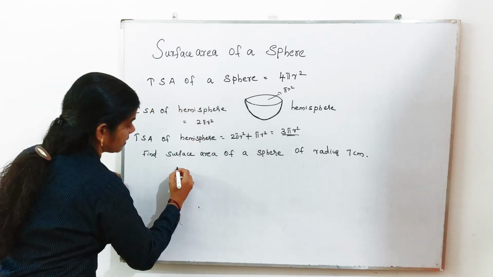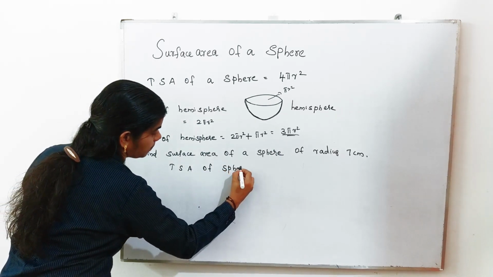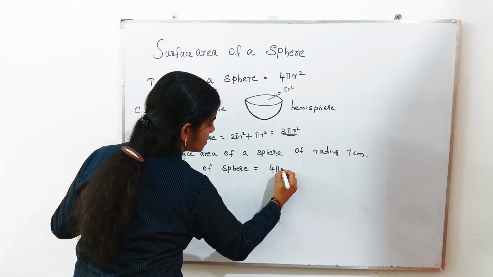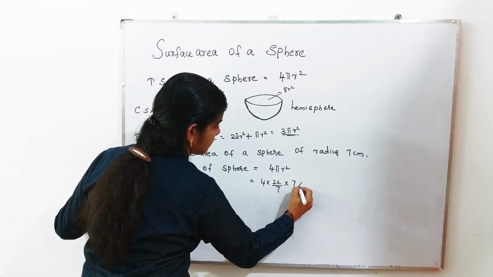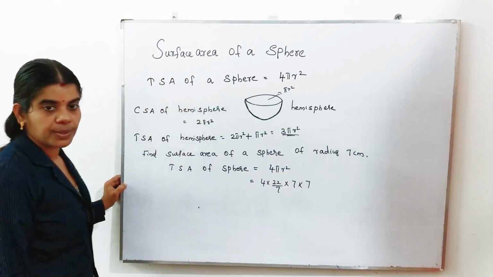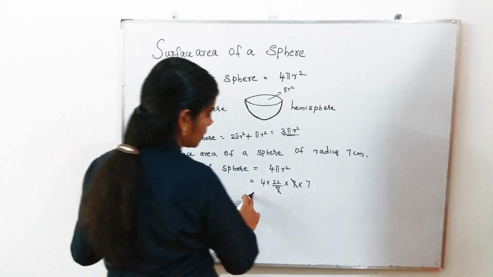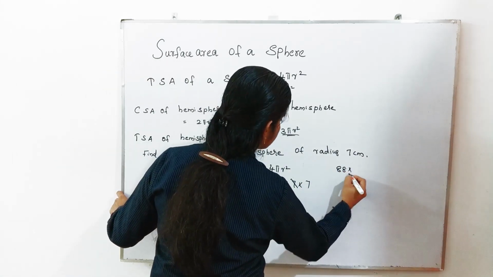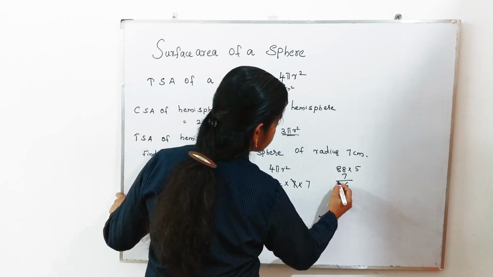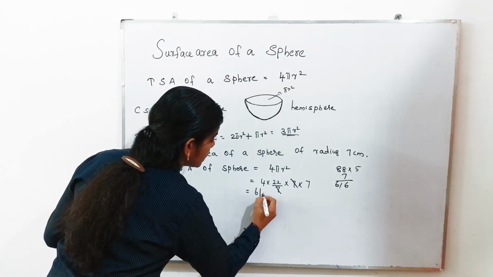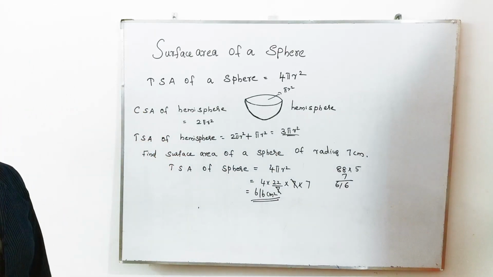Then TSA of a sphere is equal to 4 pi r square, that is 4 into 22 by 7 into 7 into 7. R square means r into r. We can cut one 7. Then 22 into 4 is equal to 88. 88 into 7 is 616. So 616 centimeter square will be the total surface area of a sphere of radius 7 centimeter.